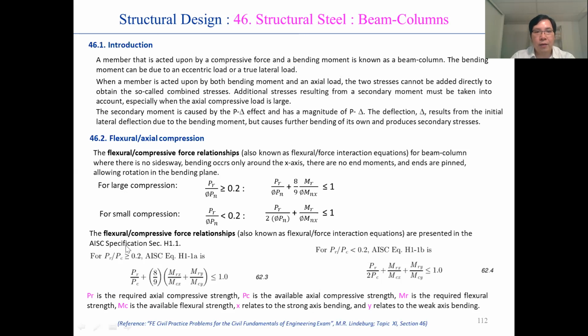And this is the axial compressive force relationship in the AISC specification. So when you need it, you can apply the equation for the compressive force relationship.